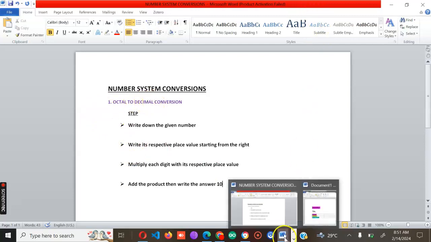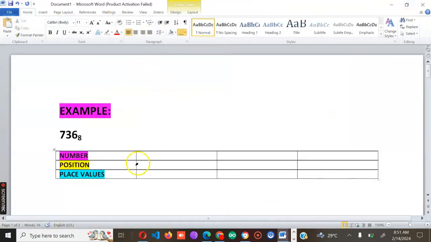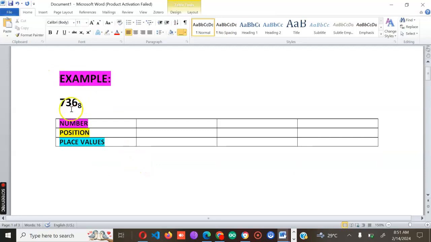Okay, having done that, let's now dive into the actual example. This is our example, where we have 3736 base 8. So the number is 7, 3, and 6.